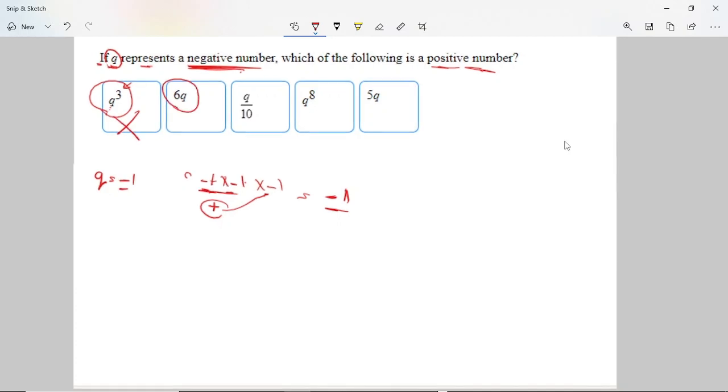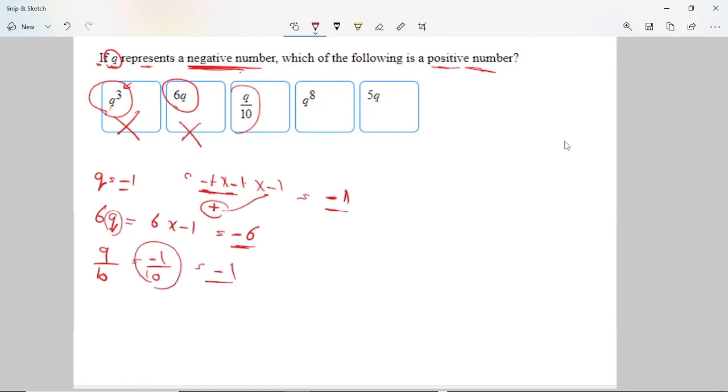Let's see 6Q. If we substitute Q with minus 1, it will be 6 multiplied by negative 1, which is minus 6. Wrong answer. Q divided by 10 will be minus 1 divided by 10, which is negative. Wrong answer.